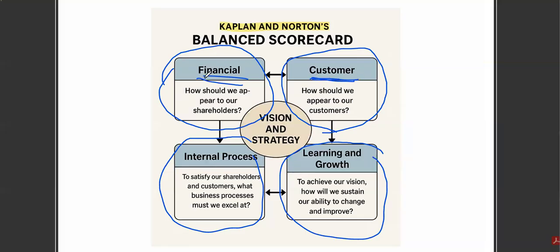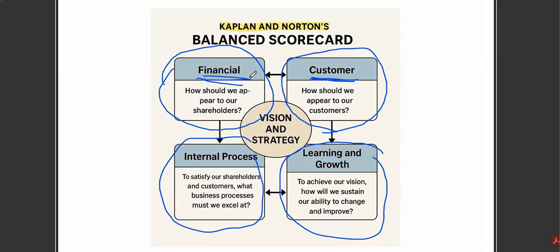Would they contribute towards similar profits or higher profits in the future? Or for the sake of profits, did we just ignore the customer and exploit them? So it's important that you also take into account customer satisfaction related KPIs, performance measures.